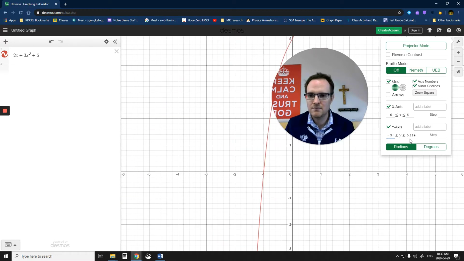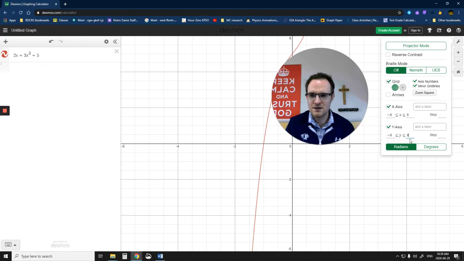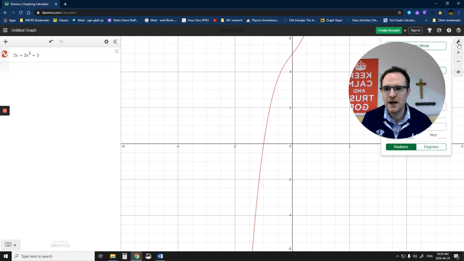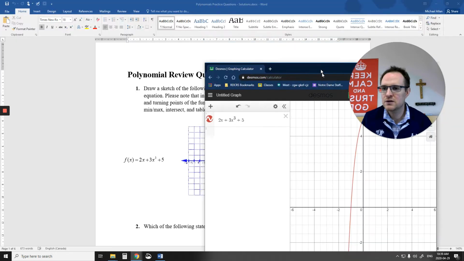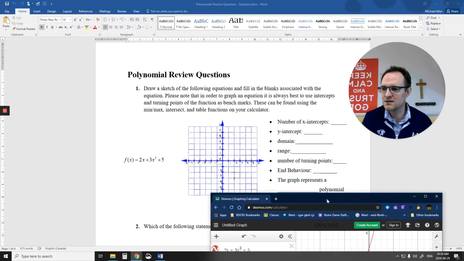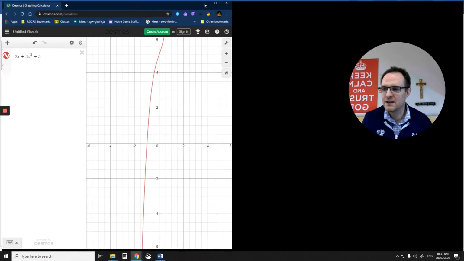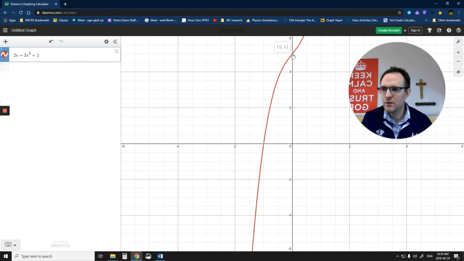I'm just using the window that was provided in the question, so you can see it goes from -6 to 6 in all the different directions. Here we have a y-intercept of 5, which is good. We have an x-intercept of -1.